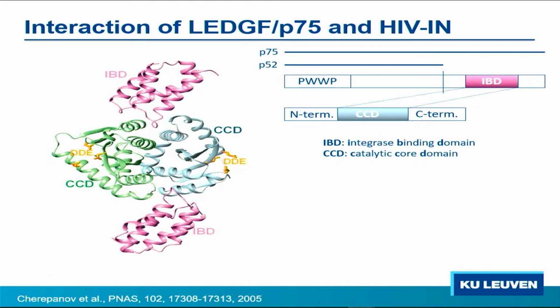It has a catalytic core domain, which is interacting with the C-terminal domain, the IBD of LEDGF. If you see here the crystal structure, the integrase catalytic core makes a dimer, and here there is this interface, there is a pocket. Well, the IBD is a four alpha helical bundle with an interhelical loop, and this loop is protruding in this pocket.